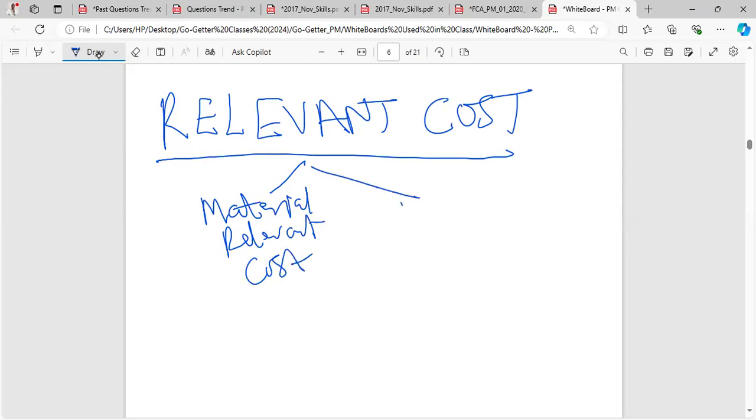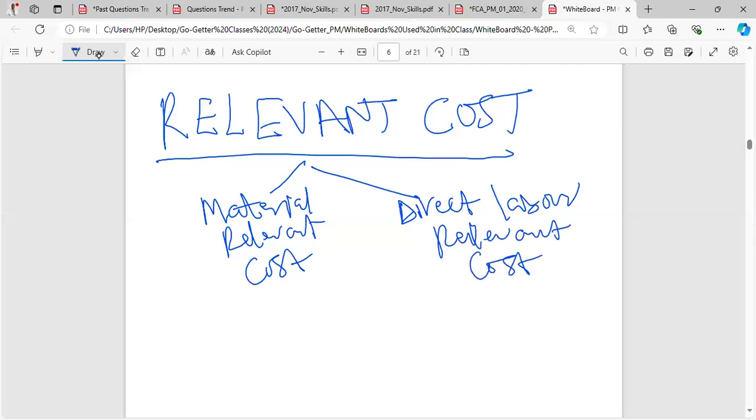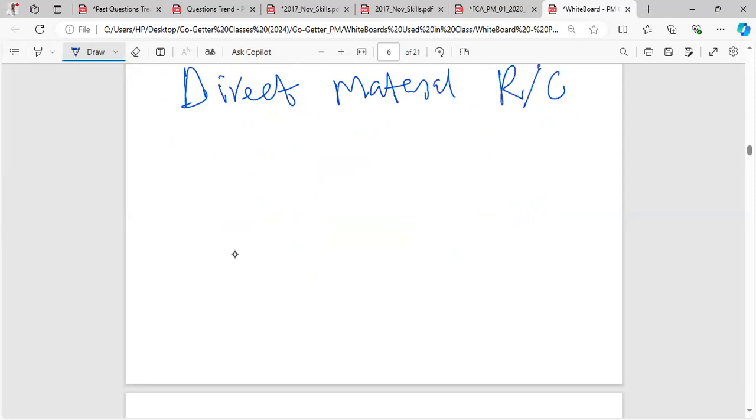Then we have direct labor relevant costs. Okay, we've seen the three questions. Now we are taking direct material relevant costs. And we say this is Grace Chika example.